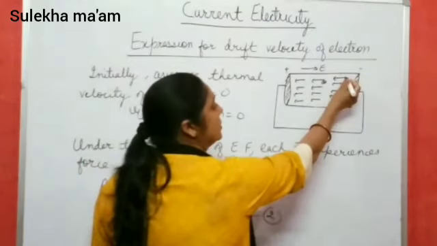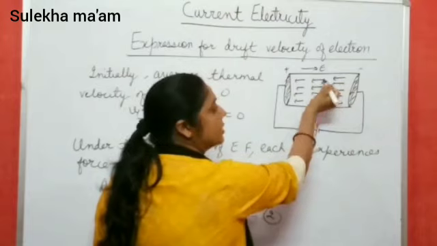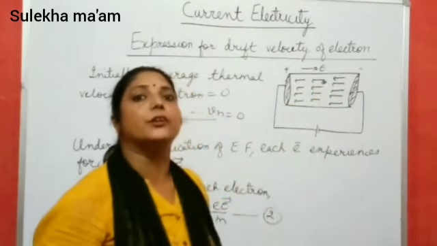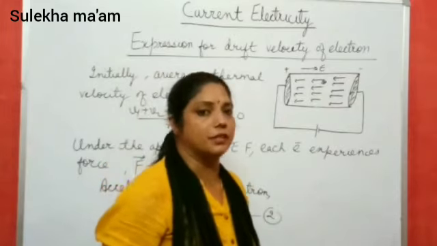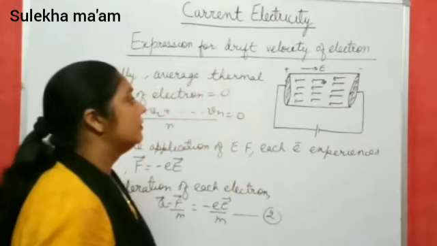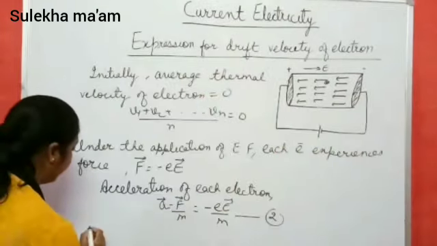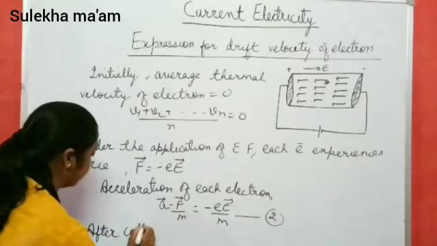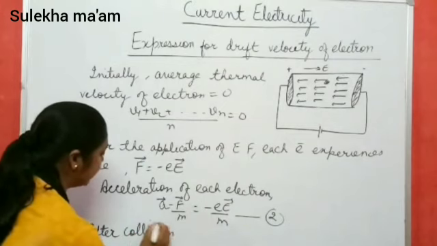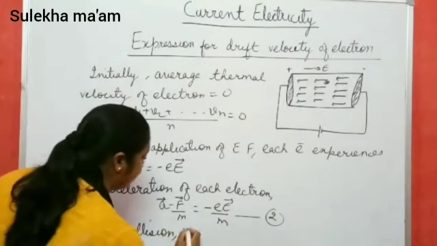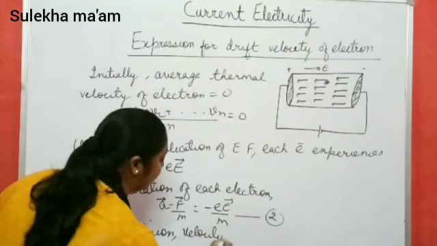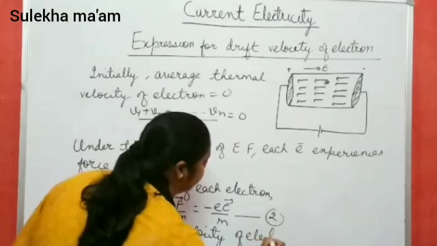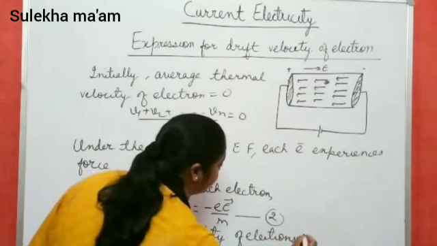Then another electron comes from behind and collides with these positive ions, and the gained velocity is lost during collision with the positive ions. So their velocity decreases. After collision, the final velocity of the electron becomes what?